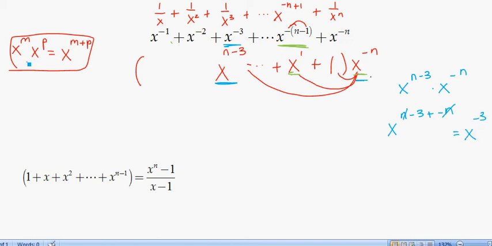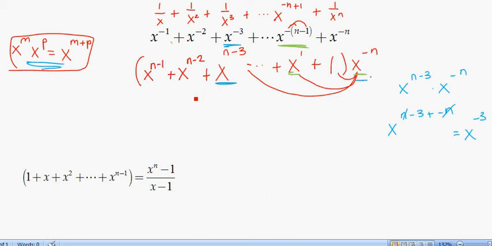So again, we're using this property over here. Okay, so x to the n minus 3 times x to the negative n will be giving us x to the negative third. So hopefully you followed that. And likewise, this one would be x to the n minus 2, and this one would be x to the n minus 1. Okay, so hopefully you followed that.